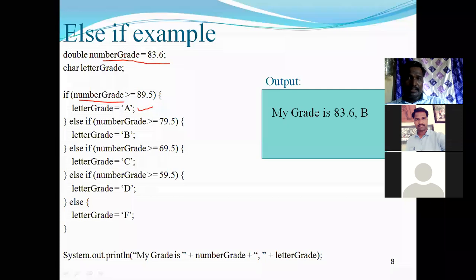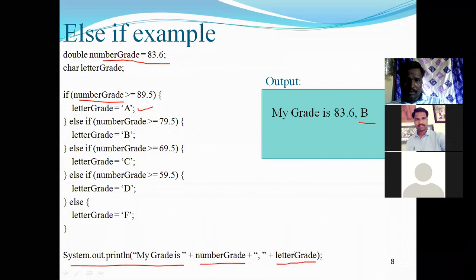Here 83 is not greater than 89.5, but it is greater than 79.5. Hence grade B is assigned here. Where is the print line? System.out.println: my grade is, the number grade, then the letter grade. This plus is the concatenation operator.